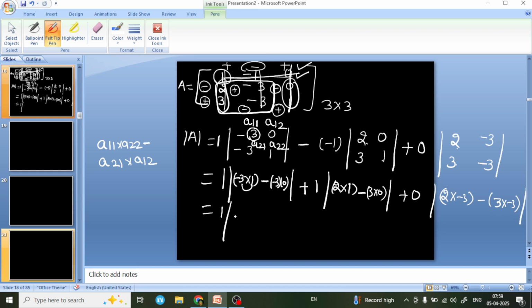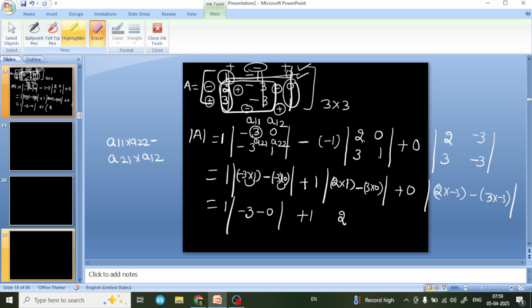3 ones are 3 minus 3 times 0 is 0. 2 ones are 2. Minus 3 times 0 is 0. 2 threes are 6, 3 threes are 9.